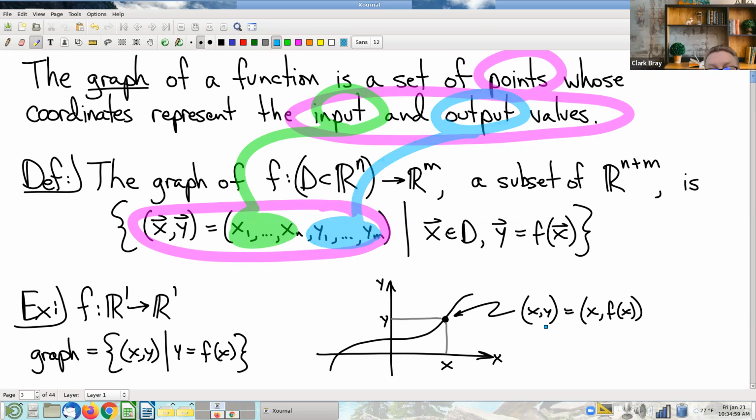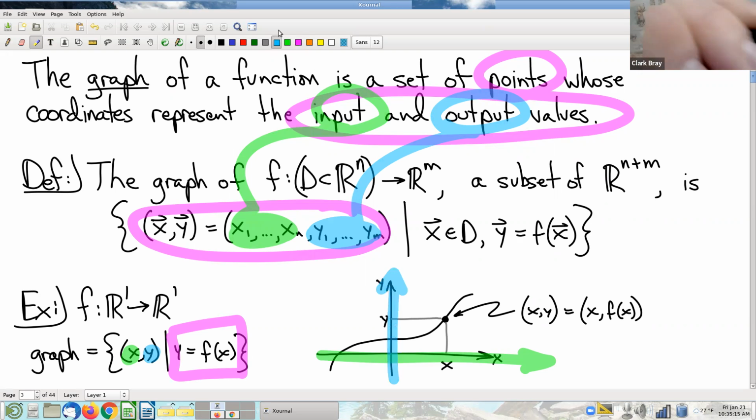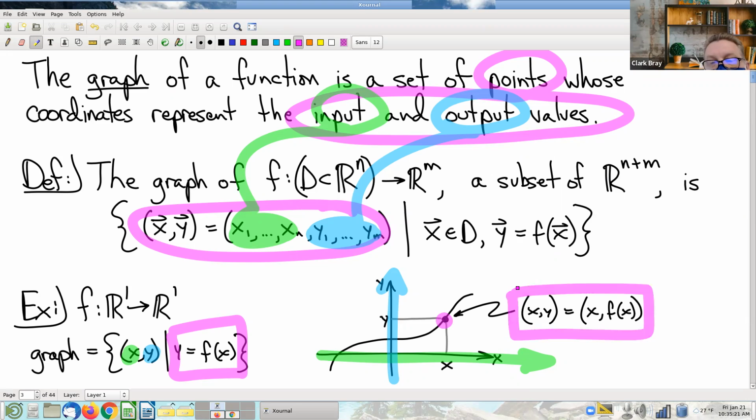And I say familiar because that's what we do when we look at y equals f of x, right? Well, the input x, we draw on the horizontal axis, the output y, we make that the vertical axis, and given an x, computing the corresponding y, and then drawing the point that has both as its coordinates is how you make a graph.